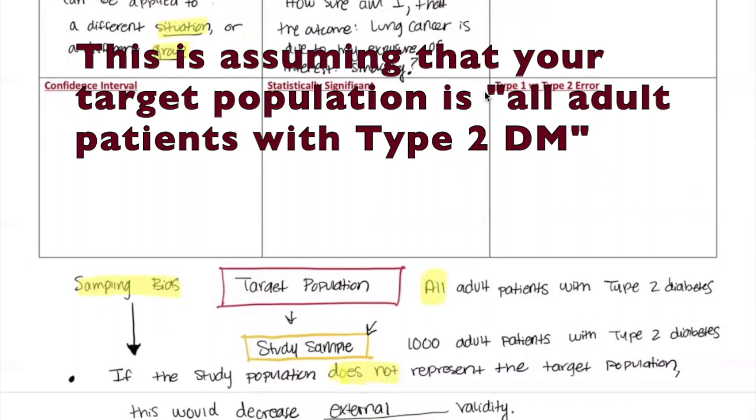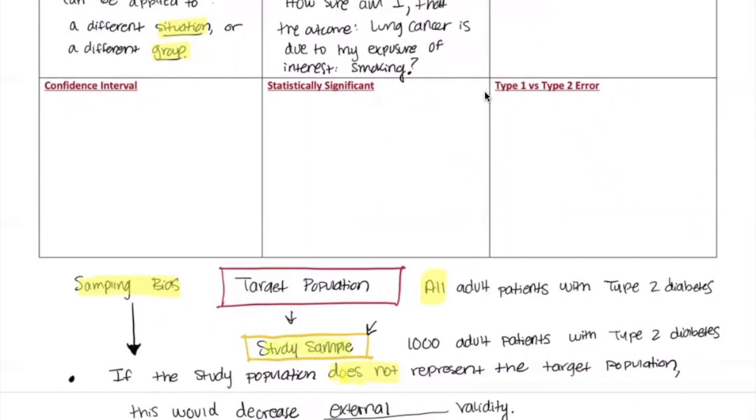So if your study sample, this smaller sample down here, does not represent your target population of all adult patients with type 2 diabetes, then that would be a form of sampling bias. And if the study population does not represent the target population, then this would actually decrease your external validity.